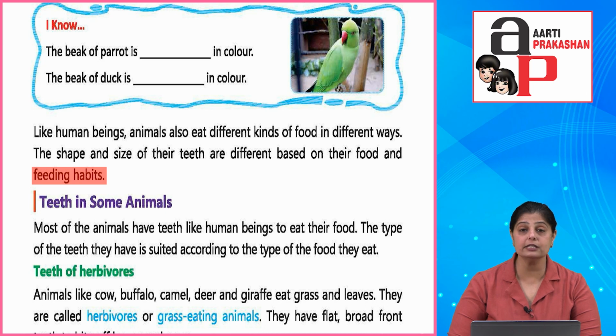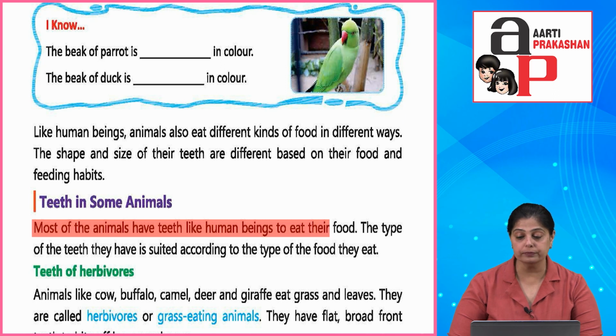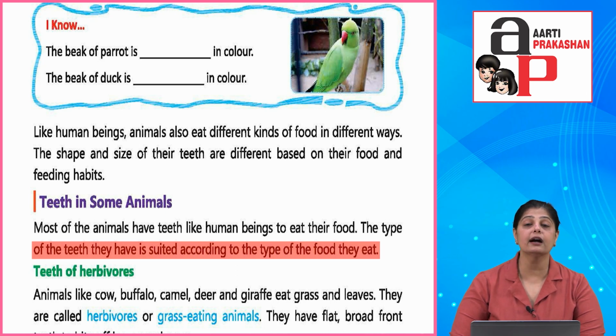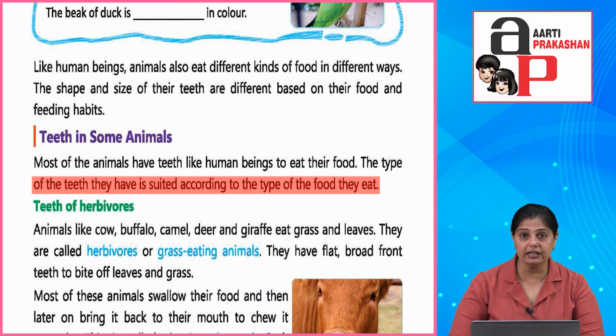Alright, so now let's look at the teeth of some of the animals. Most of the animals have teeth like human beings to eat their food. The type of the teeth they have is suited according to the type of the food they eat. So the structure of their teeth is made according to the kind of food they eat.